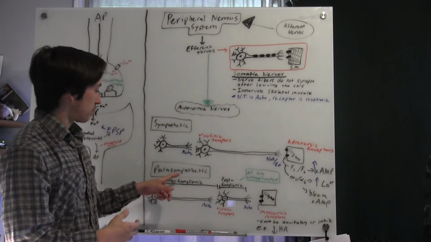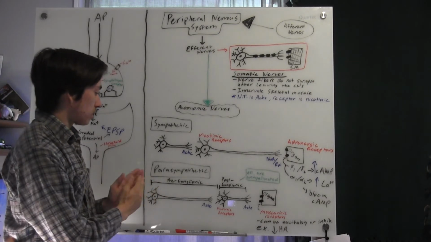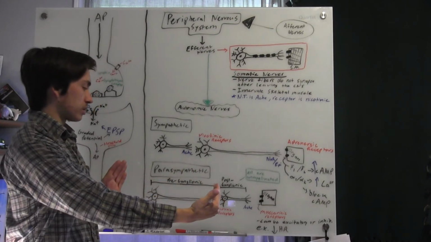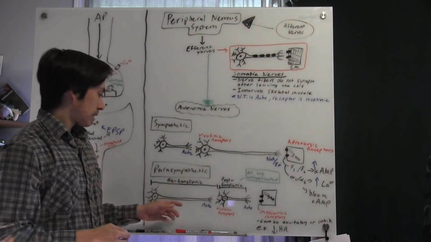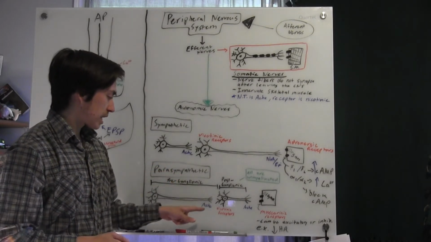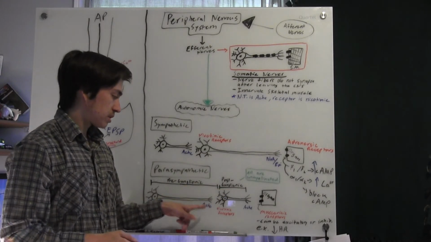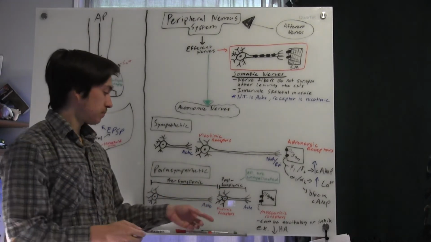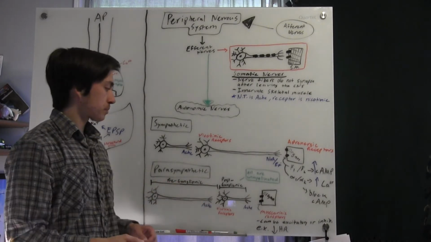Now jumping into the parasympathetic nervous system, we have long preganglionic neurons and short postganglionic neurons. What we see between the synapses of the preganglionic and the postganglionic are the same. We have acetylcholine as the neurotransmitter, and we have nicotinic receptors as the receptors.